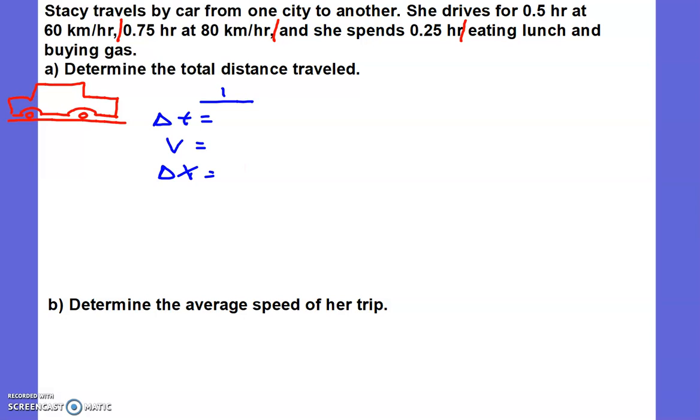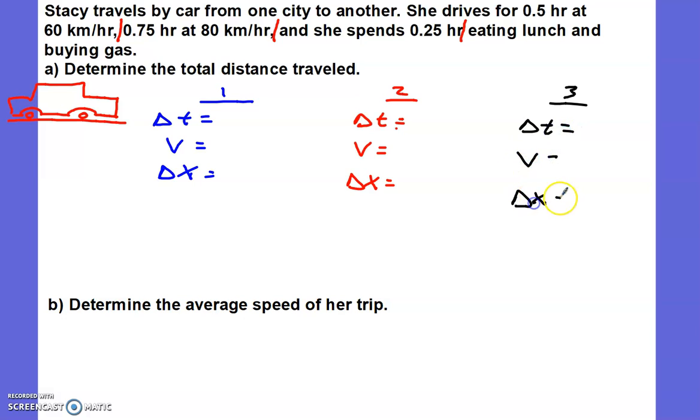So we have three different sections. I'll label them as 1, 2, and 3, and then separate them as such.